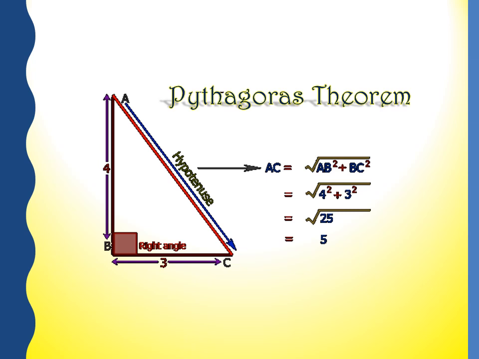Here the hypotenuse AC equals the root of AB square plus BC square. Here AB is 4 units and BC is 3 units, then AC equals the root of 4 square plus 3 square, which is the root of 25, equals 5 units.